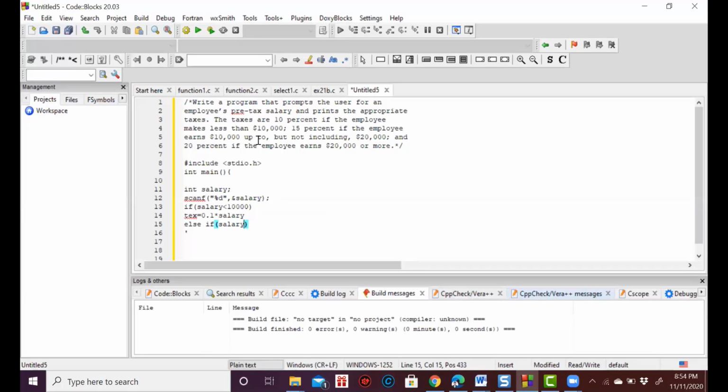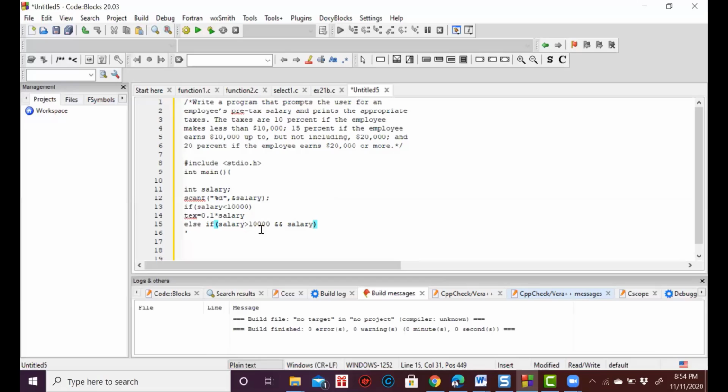10,000 up to, so more than 10,000, greater than 10,000. And in this case we put and salary, but not including. This one includes or not?